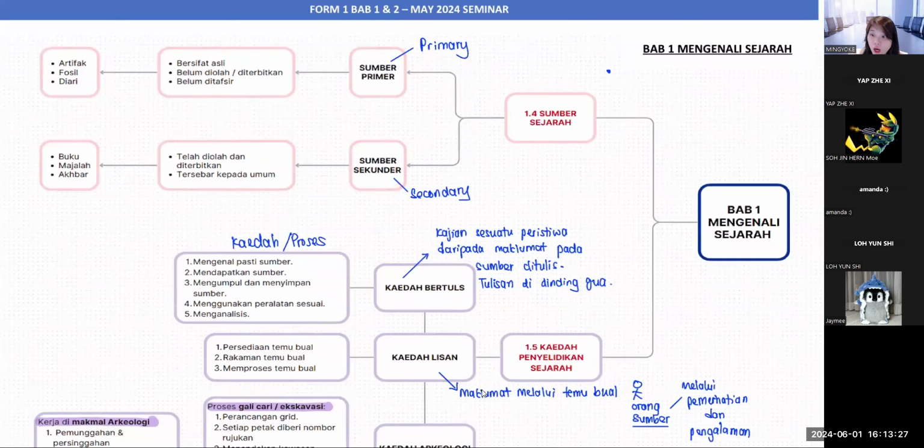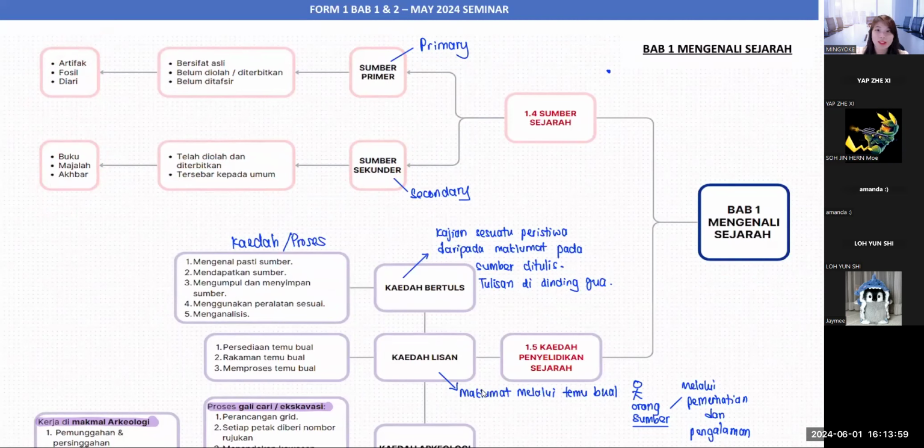Secunda already been changed, published, edited, and spread to the public. Example, the primer one is original one, the artifact, the fossil, the diary. Original only one and only one in the world. Secunda is something that everyone has it, like books, magazine, newspaper, all those.